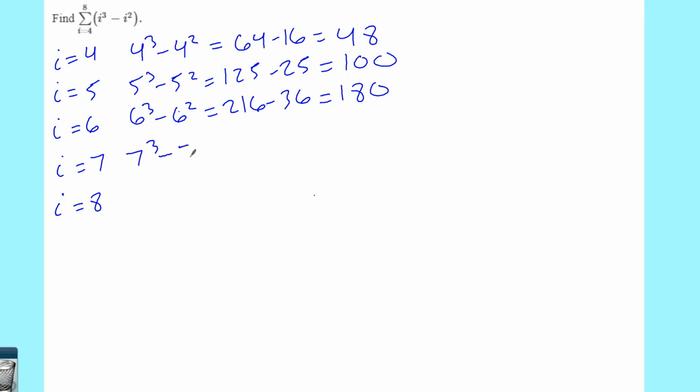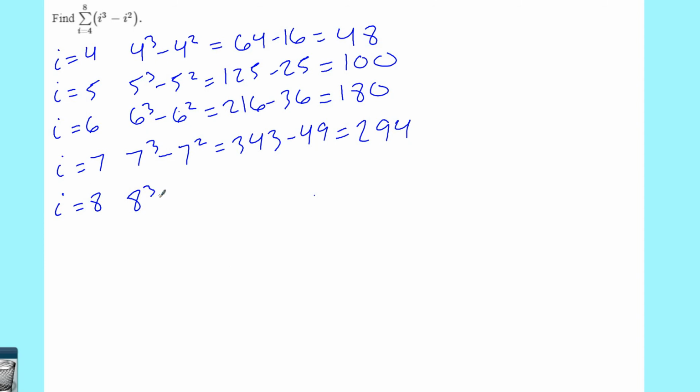7 cubed minus 7 squared. 343, I want to say. I'm going to get out the calculator. I don't want to mess things up. Yeah, I was right. Minus 49, 294.